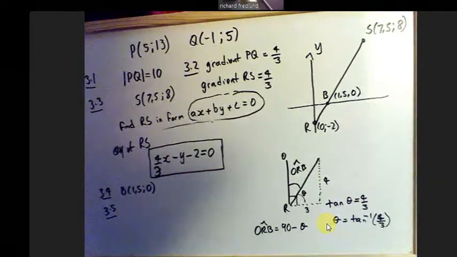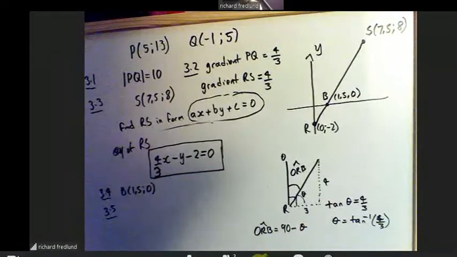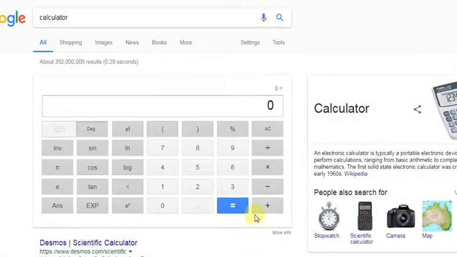Okay, let's do that in the calculator. I've set it to degrees. Tan to the minus 1, 4 divided by 3 equals 53.